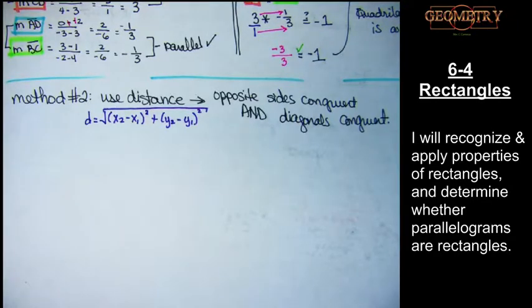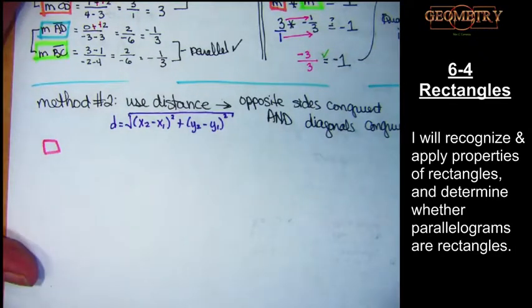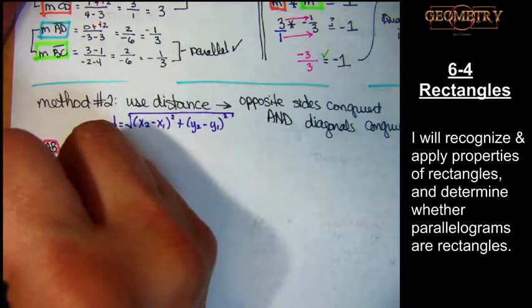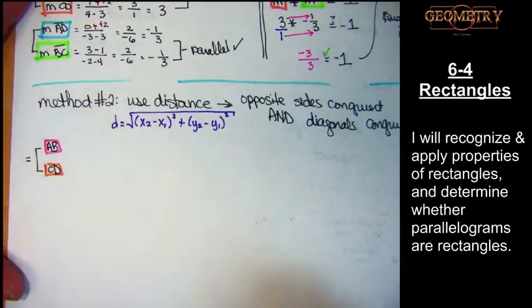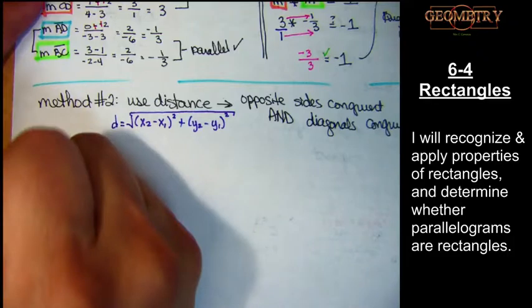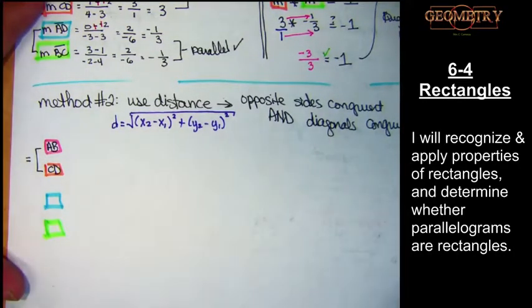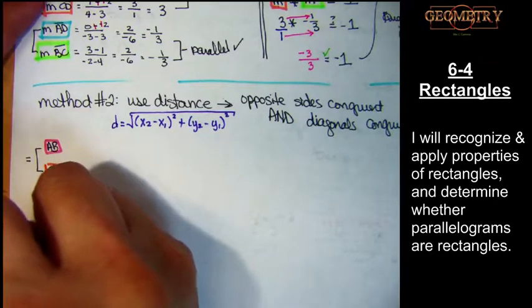Okay? All right. Like with the other one, we need to compare the pairs of opposite sides. So here is side AB and here is side CD. They're opposite sides, so we have to compare them. And we want them to be equal. We then need to compare the other pair of opposite sides, which in my original diagram I colored in blue and green. So AD and BC.